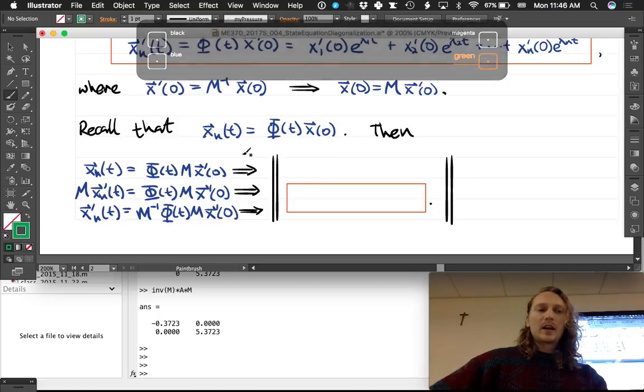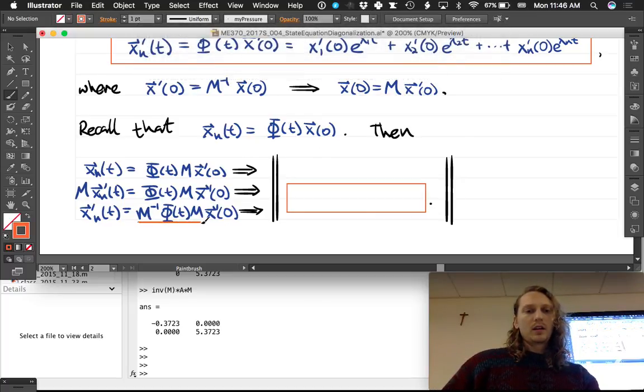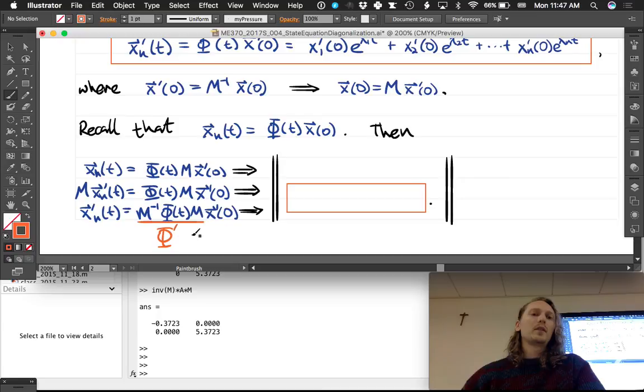I'm going to say that this right here is in the exact form of a state transition matrix, right? It says x prime homogeneous is equal to some matrix times the initial condition in the prime coordinate. So we're going to call that phi prime. We never defined a phi prime, but now we have.